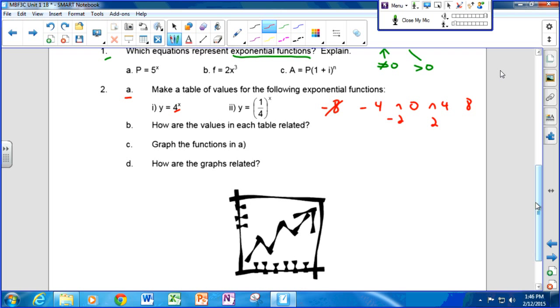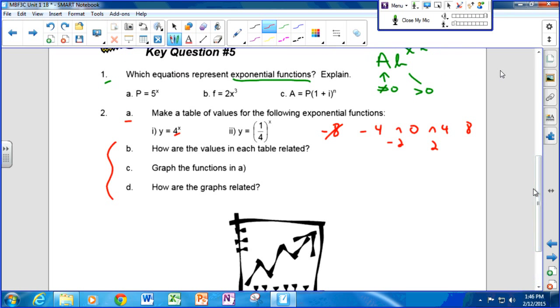And then it's just going to ask you the same questions that they asked in the key questions. Wow. So look at that. We are at the end of Unit 1, and we've pretty well done all of the work in Unit 1. So go ahead and get your key questions sent in.